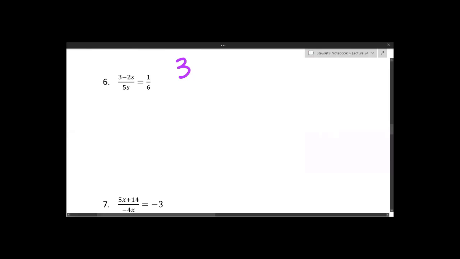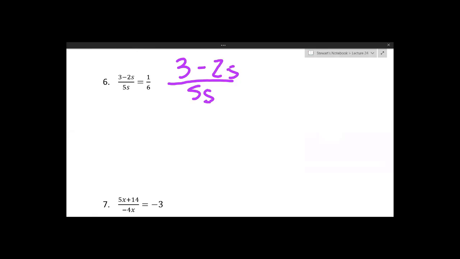So we have 3 minus 2s over 5s is equal to 1/6. Okay, so the first thing that I'd probably do here, since we can see that there's a variable in the denominator, is clear that out.